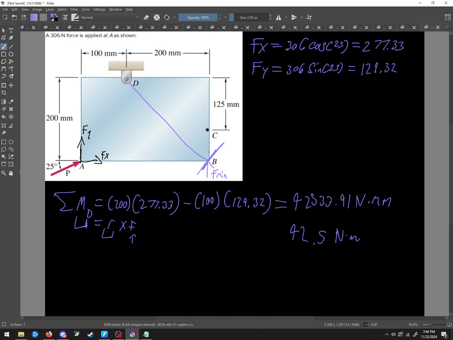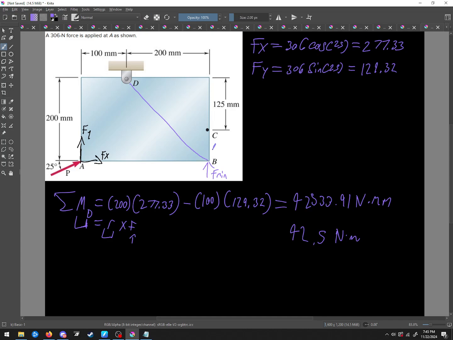When we want the minimum force, we go from here. This was pushed, this is positive moment. There's no possible way that this force at this angle is going to push it anything but counterclockwise. So to counteract this, we would have to go down.